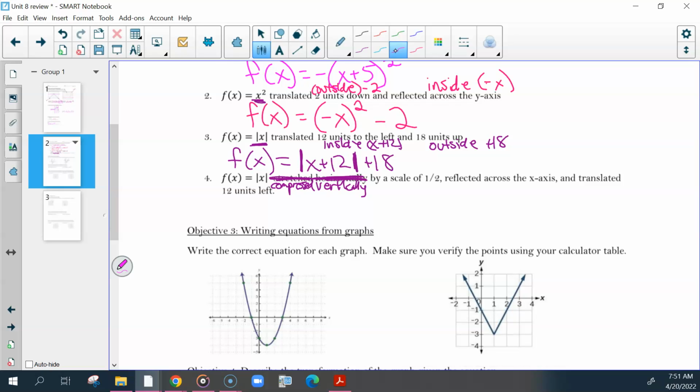That is something that goes on the outside, and we're just going to multiply it by that 1/2. Reflected across the x-axis is an outside thing. And translated 12 units to the left is an inside thing. One of these was supposed to say right, but if it said right, it would just be minus instead of plus.